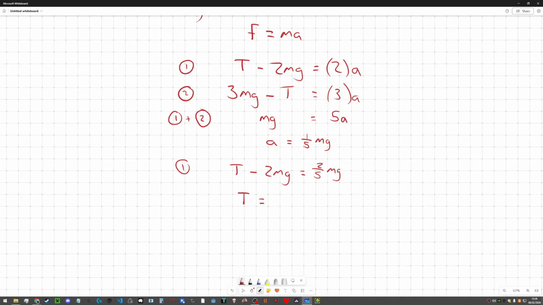From here, T is equal to 2/5 plus 2 mg, which, if I put that in the calculator again, that is 2.4, that times 9.8 is 23.5 m. Since the question doesn't tell us what m is, we leave our answer in terms of m.